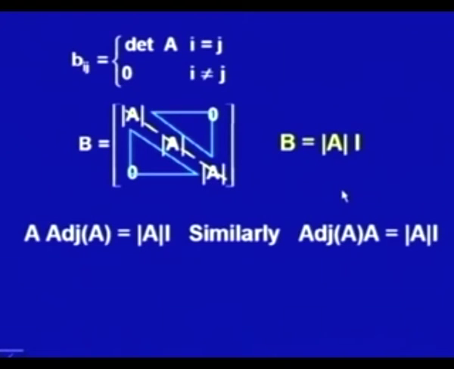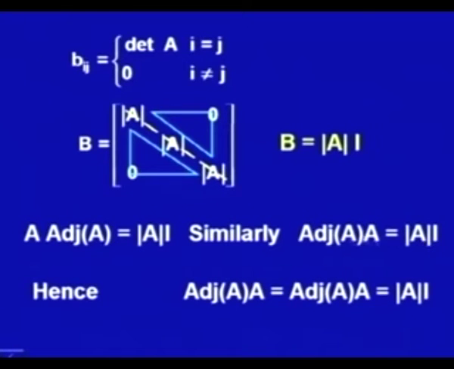That proves the result that A times adjoint A is determinant A times I. Similarly, one can easily prove that adjoint of A times A is the same as determinant A times I. I leave this as an exercise for the viewers to verify. Hence, we can say that adjoint of A multiplied by A is the same as determinant of A multiplied by identity matrix.